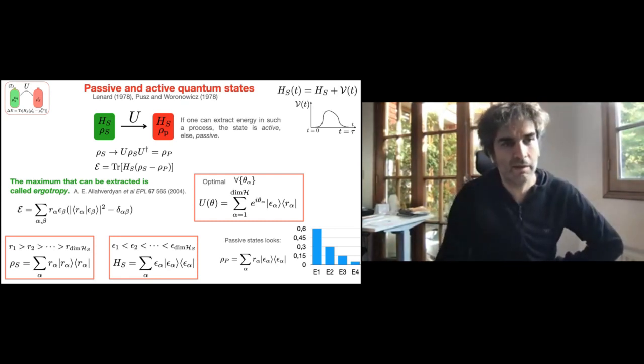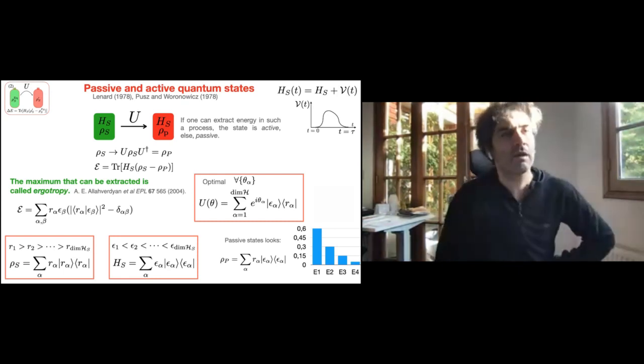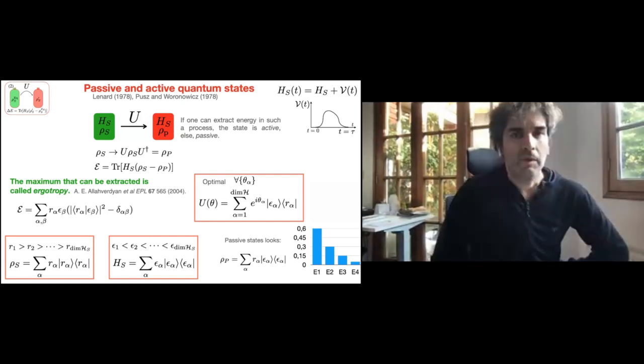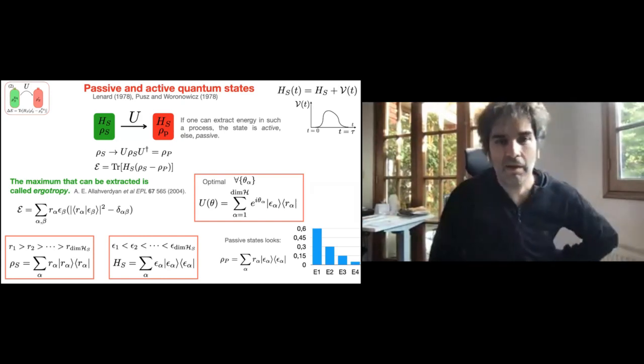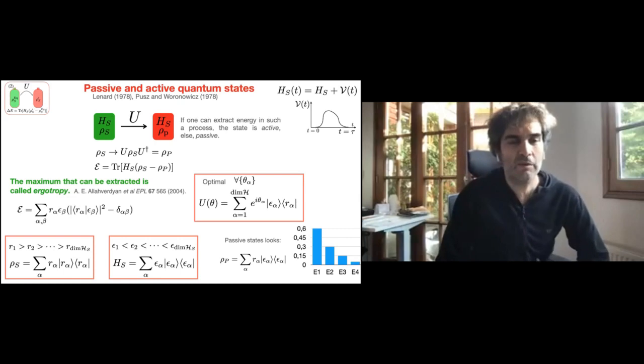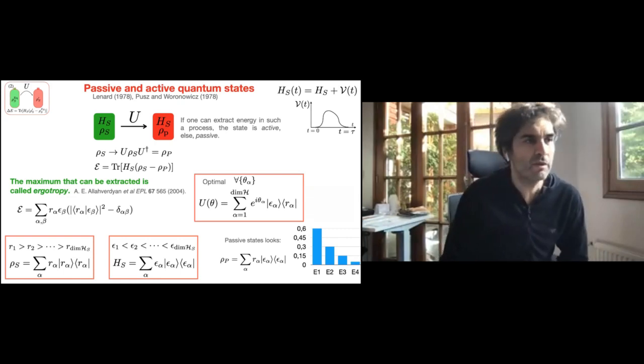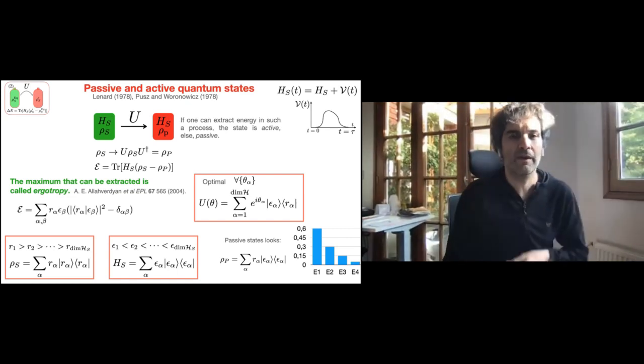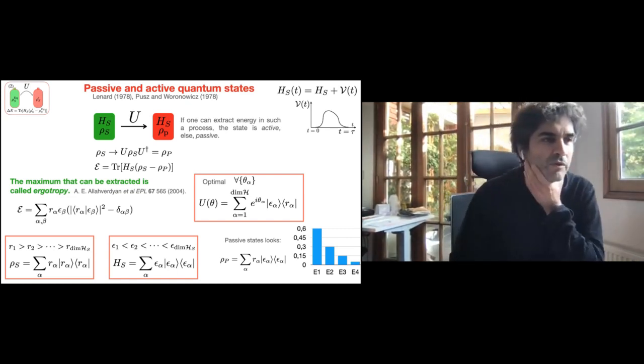So like in this plot here. Okay, so that's what I wanted to say about the ergotropy, which, as I said, is the way that we quantify the amount of energy of our battery.